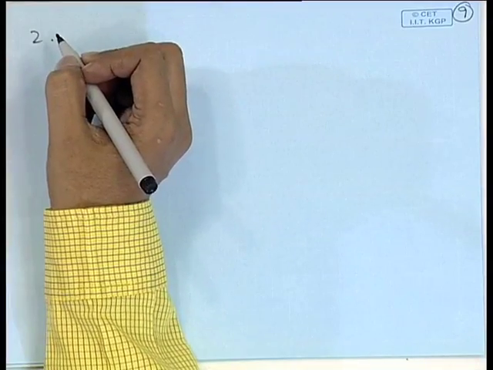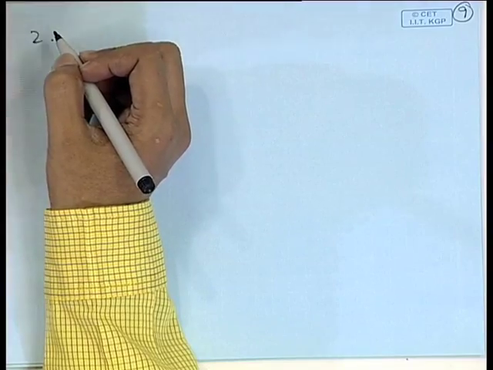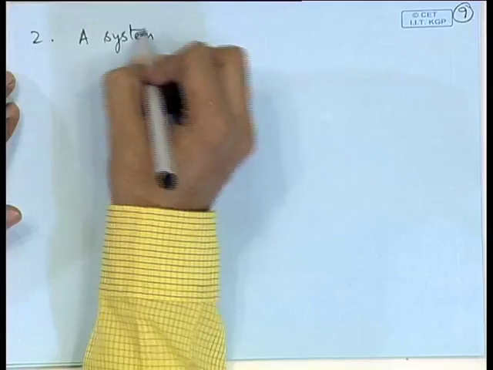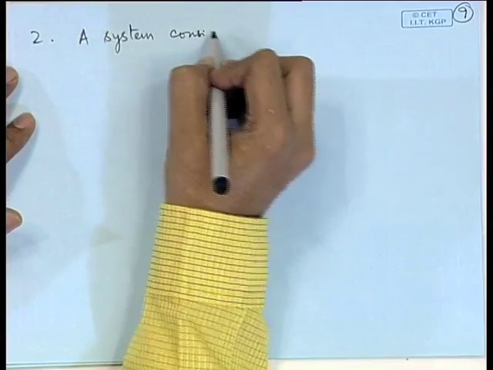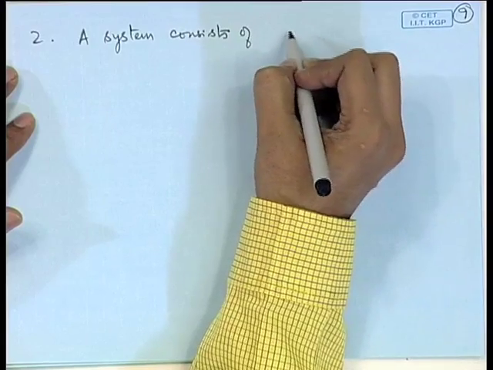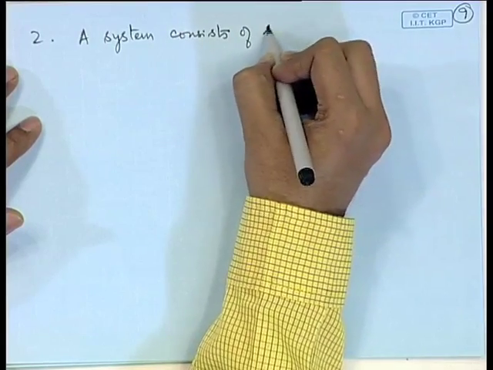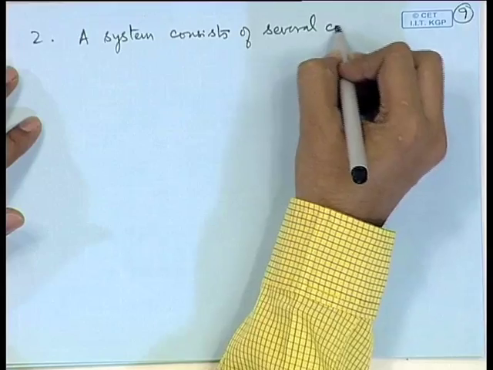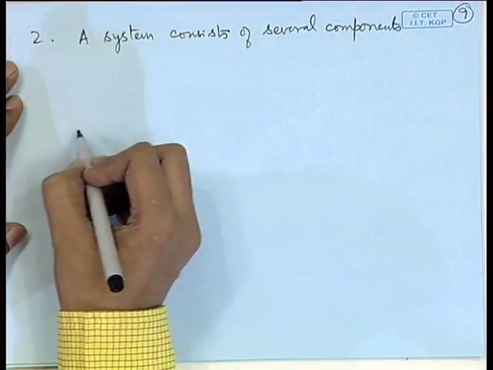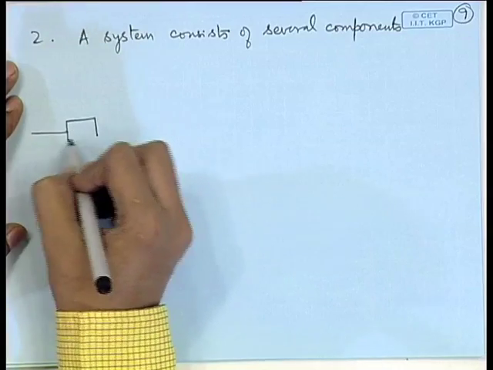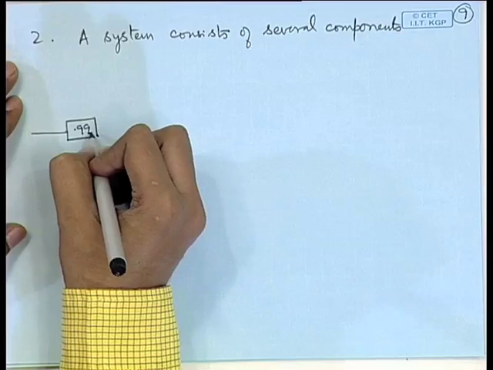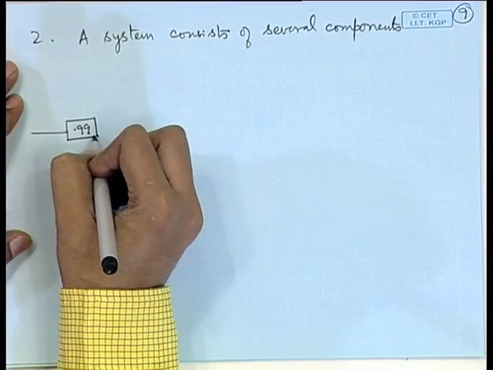Let us consider one more example here. A system consists of several components as shown below. The numbers represent the reliability of the component to be functioning.